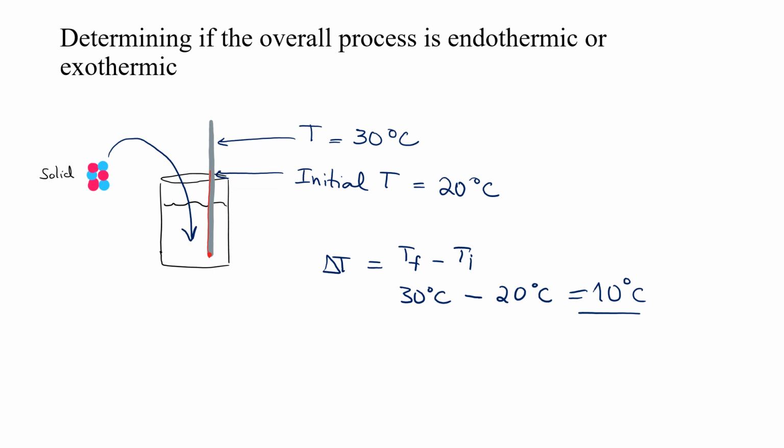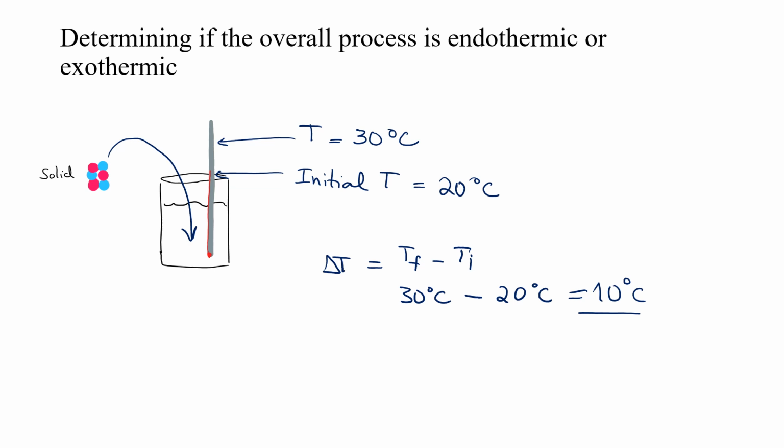So the temperature that you're measuring is the temperature of the solution, and it's increasing when the solution is forming. The temperature is actually increasing because when the interactions are being formed, they are releasing heat.